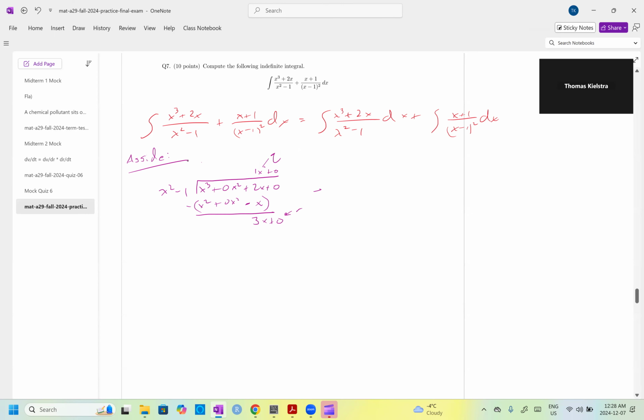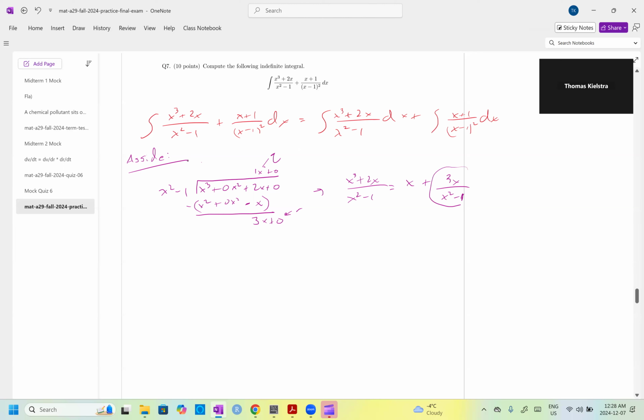So this implies that x cubed plus 2x over x squared minus 1 equals x plus 3x over x squared minus 1.